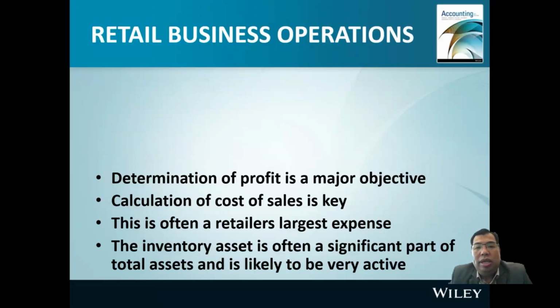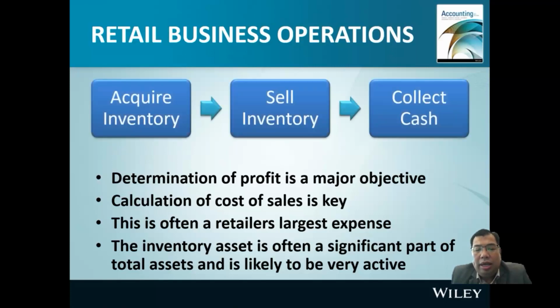So what is retail business operation? For retail business operations, our main idea here is that normally they acquire the inventory from the supplier, and then sell the inventory to the customer, maybe by cash or by credit. If by credit, you're going to collect the cash at a later date.